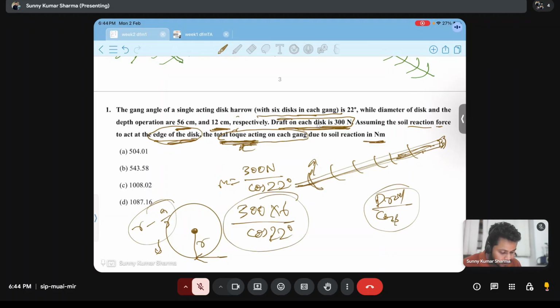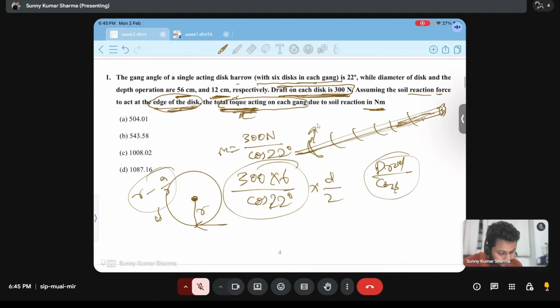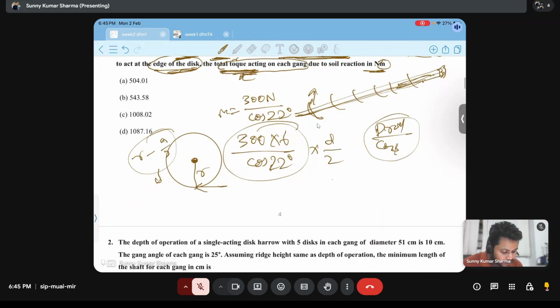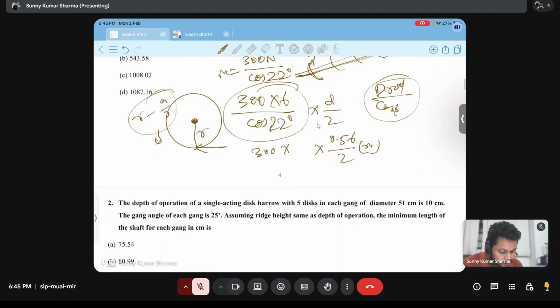So this will be the radius of the disc. This force is acting at the radius, so diameter d is given, and d by 2 will be the radius. We have to calculate in meter. This is 56 centimeter, means 0.56 by 2 in meter, and the force is already in Newton, 300 Newton. So 300 into 6 by cos 22 degree into 0.56 by 2.